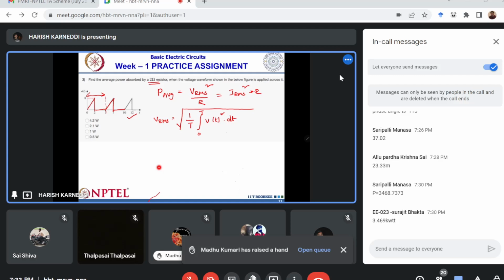The time period of this waveform is 5 seconds, because from 0 to 5, 5 to 10 and 10 to 15 it is repeating. And what about the function? From 0 to 2, it is a ramp rising with a slope of 4, so we can write 4t from 0 to 2. From 2 to 5, we can write 0.